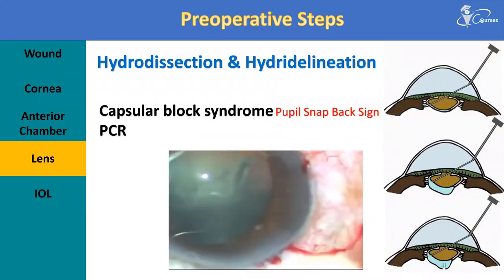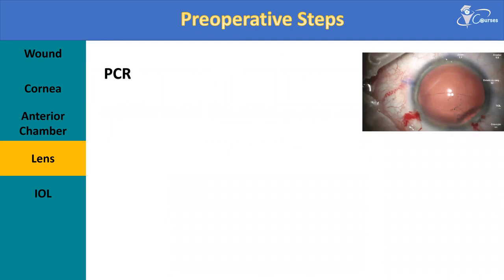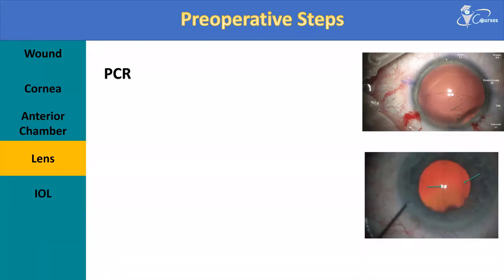Again, the lens complication, the most feared complication is the rupture of the posterior capsule. To talk about the management of rupture of posterior capsule would take us like a whole lecture.